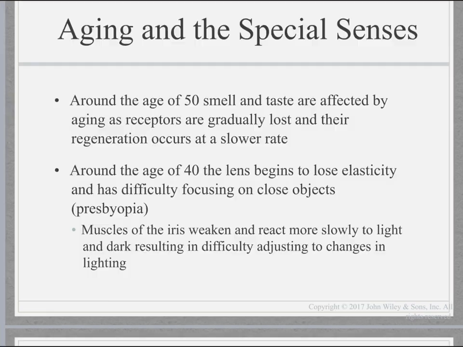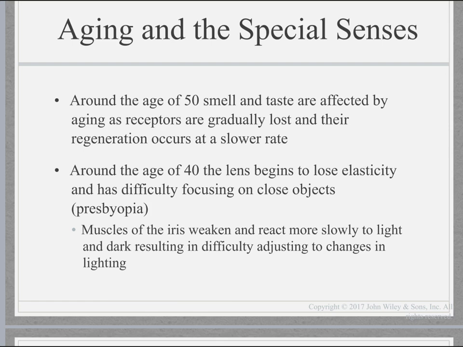The last thing we're going to talk about is aging and what happens to our special senses. Around the age of 50, smell and taste are affected by aging. The receptors are gradually lost and the regeneration occurs at a slower rate. Around the age of 40, when we talk about our eye, our lens begins to lose elasticity and has trouble focusing on close objects.